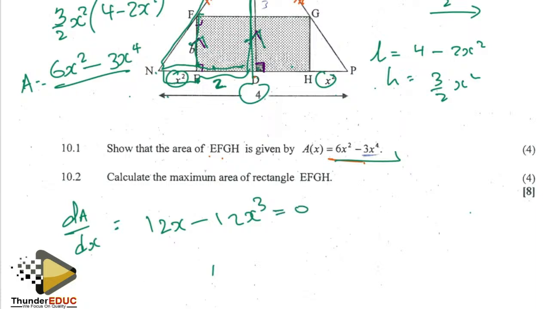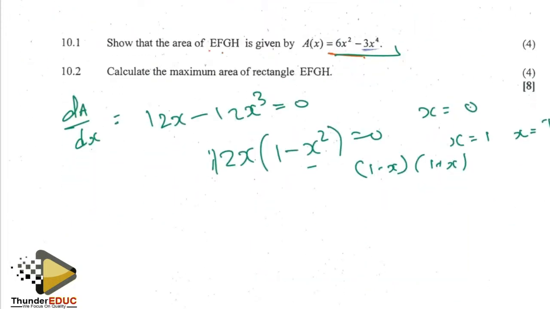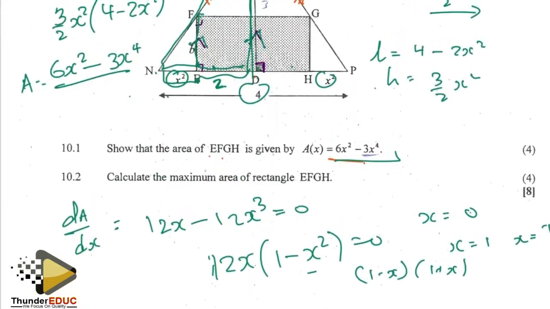Take out what is common. That's going to be 12x. I'll be left with 1 minus x squared is equal to 0. So either x is 0, and then when I break this down, I'll have 1 minus x, and then 1 plus x. Or I'll have x as 1, and then x as negative 1. So these are the possible values of x. Now, the question wants the maximum area.